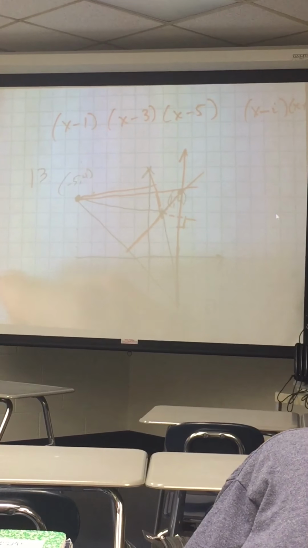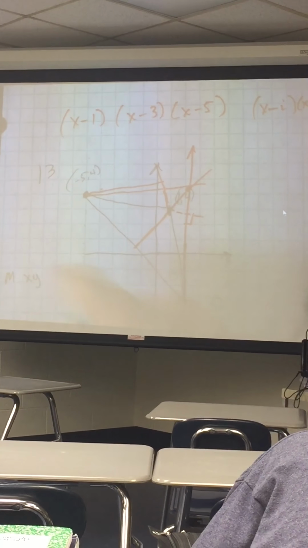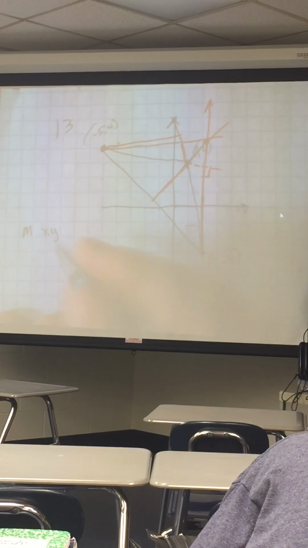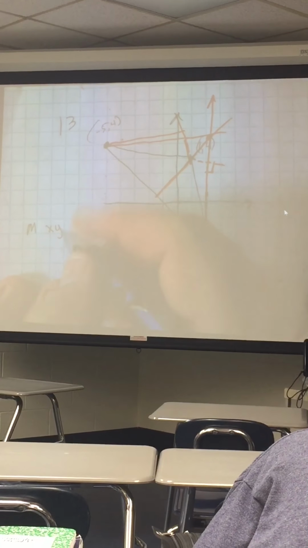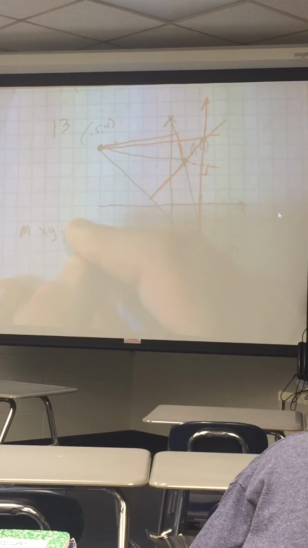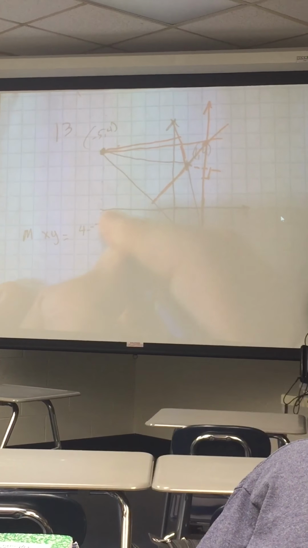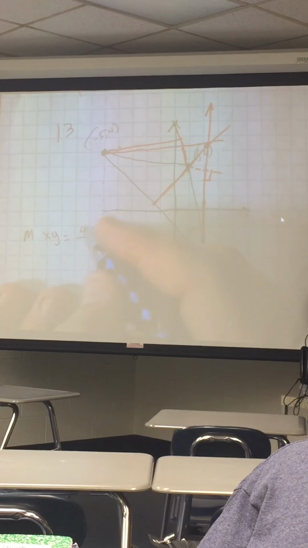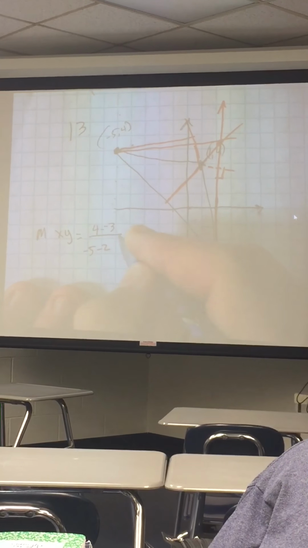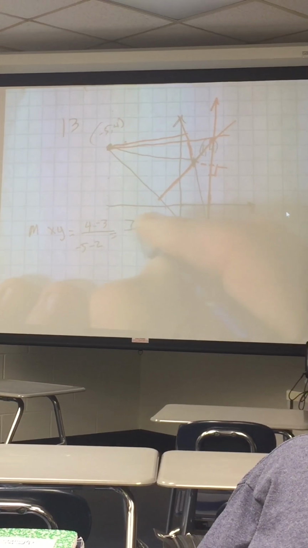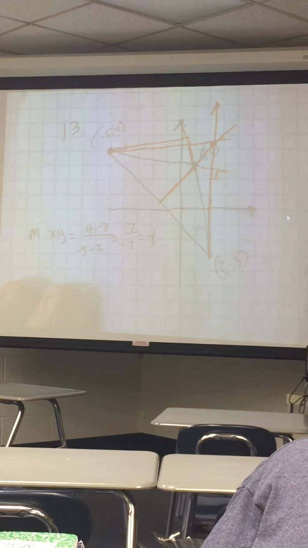Slope of XY. You guys see that on there? Okay, good. The slope of XY would be the change of y over the change of x. So 4 minus a negative 3 over negative 5 minus 2. So we end up with 7 over negative 7, which is negative 1.